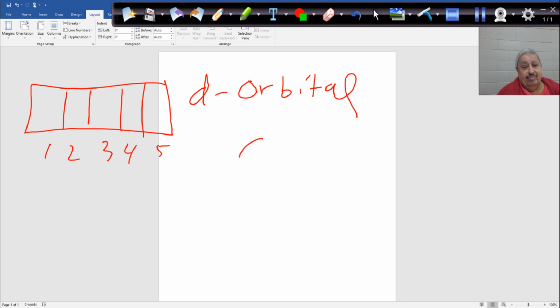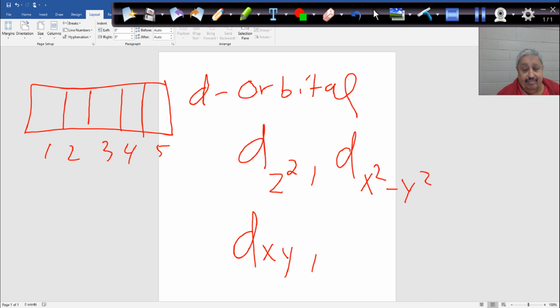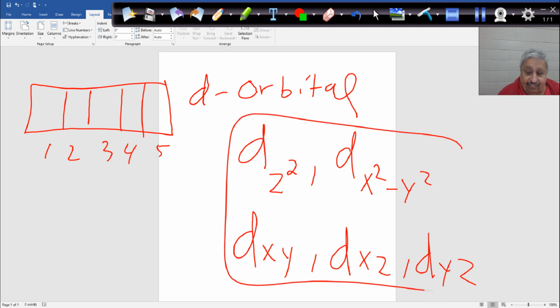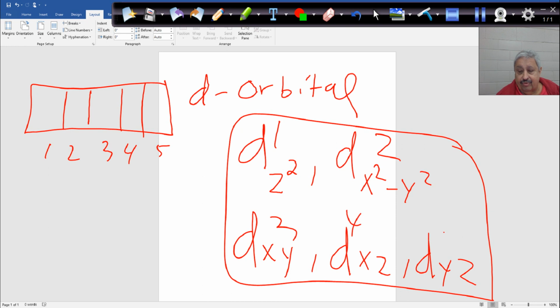What are they? They are dz squared, dx squared minus y squared, and then dxy, dxz, dyz. So you have 5 suborbitals. You can name them whatever, 1, 2, 3, 4, 5.